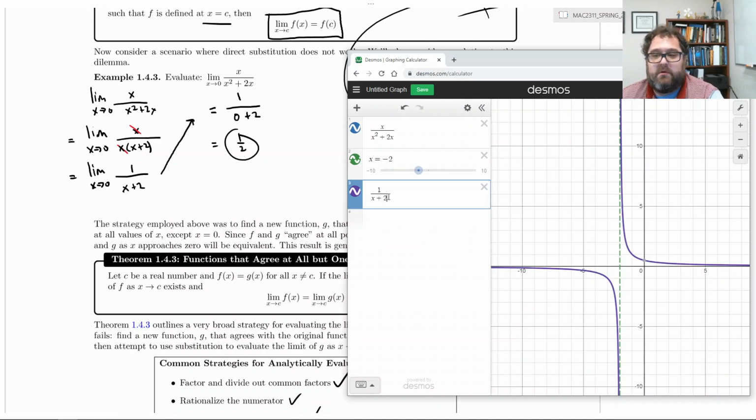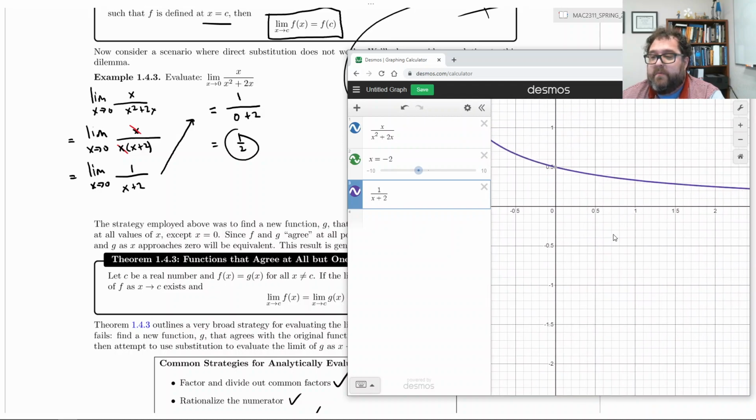What do you notice? You notice that they almost look identical. Now, what did I say? Actually, I erased it. It was right here on the page before I erased it. It said that those two functions are identical except at what value? At 0. So let's investigate what's happening at 0.